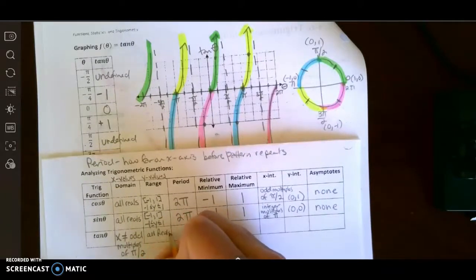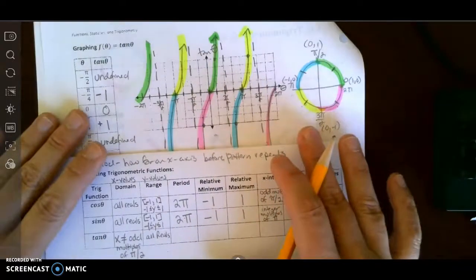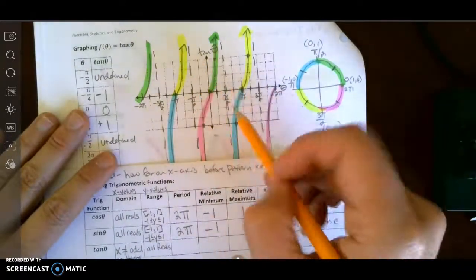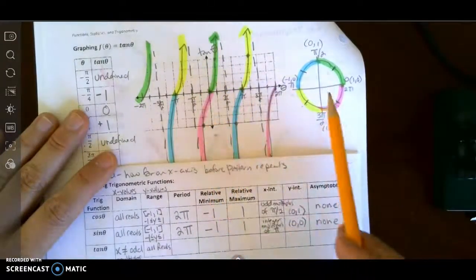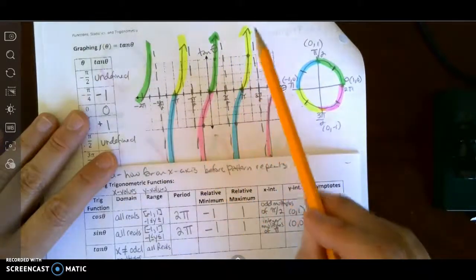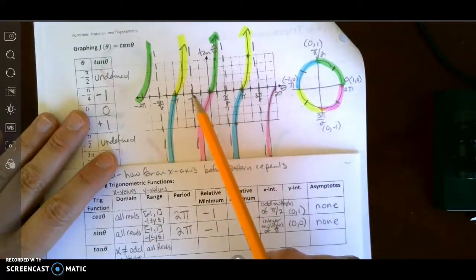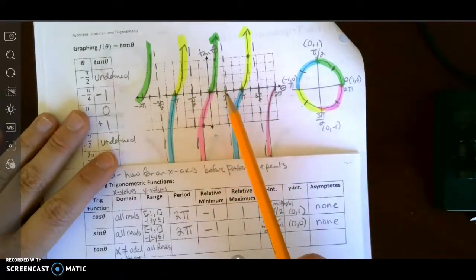on the tangent. Now the period actually is not 2 pi. You notice we have asymptotes and this curve. Even though they're in certain quadrants, that doesn't matter. This pattern repeats. And from -pi over 2 to pi over 2 is 1 full pi.